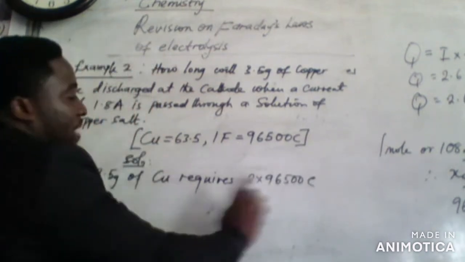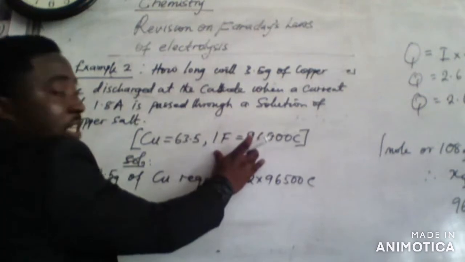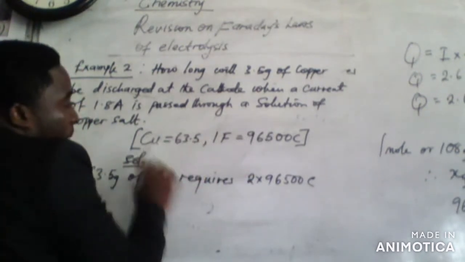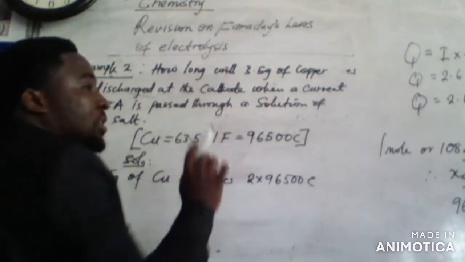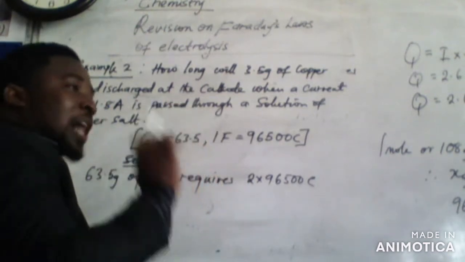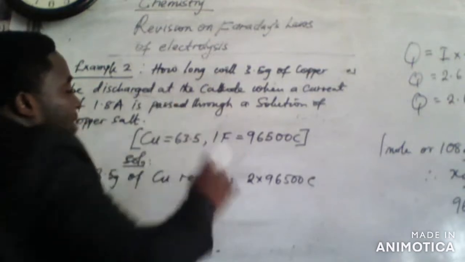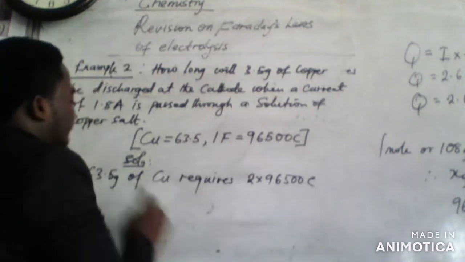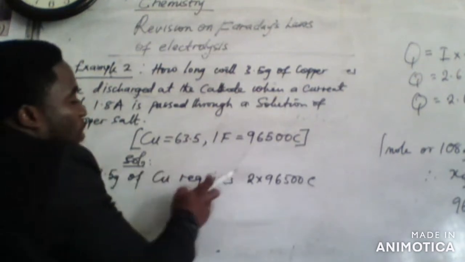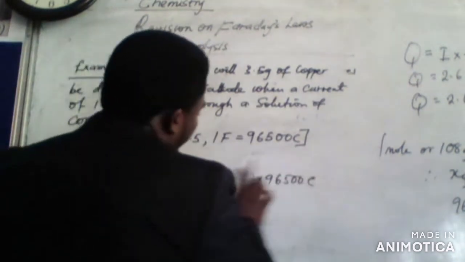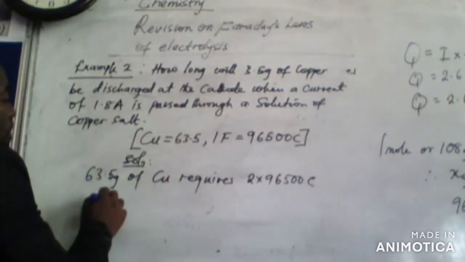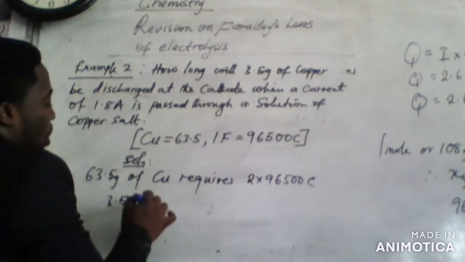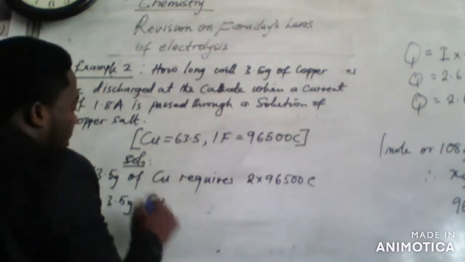Now this statement is fundamental because it's even here in this bracket in the question. 63.5 grams is the mass of 1 mole of copper and 1 Faraday is for 1 charge. So since copper is divalent, it will require 2 times this quantity. Therefore, this mass in the question will give us the quantity of electricity that discharged it.